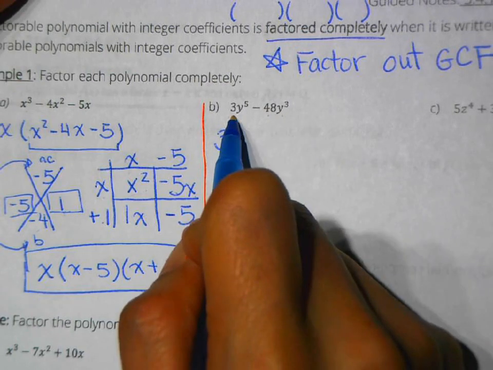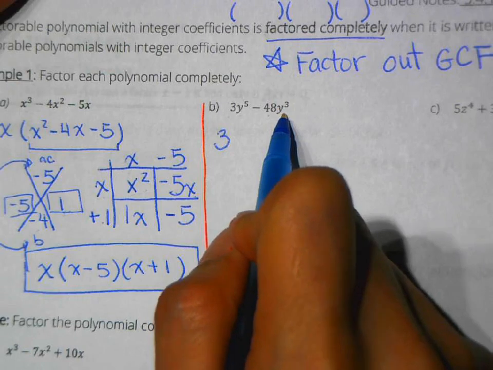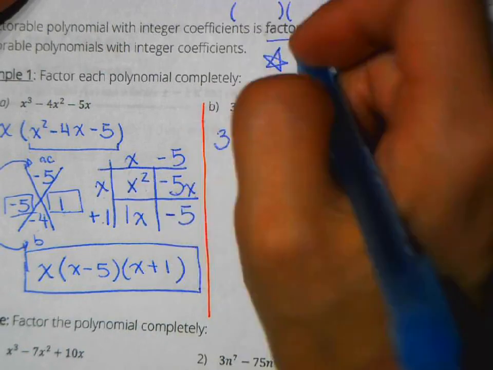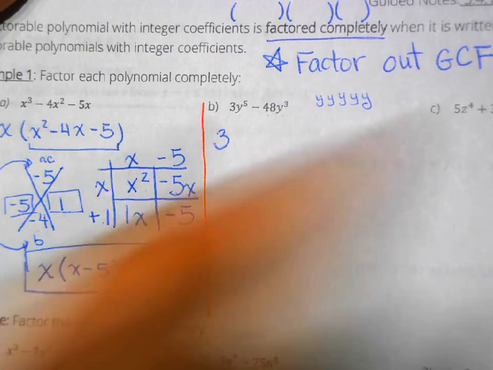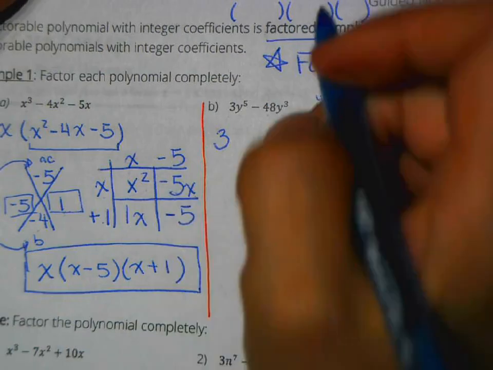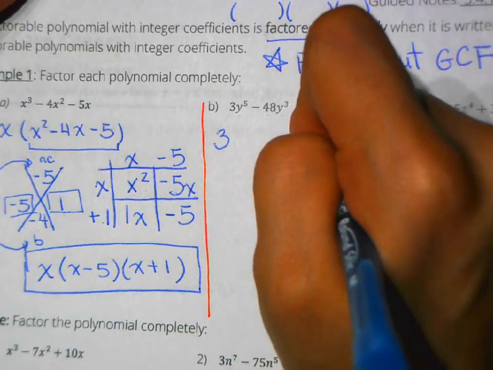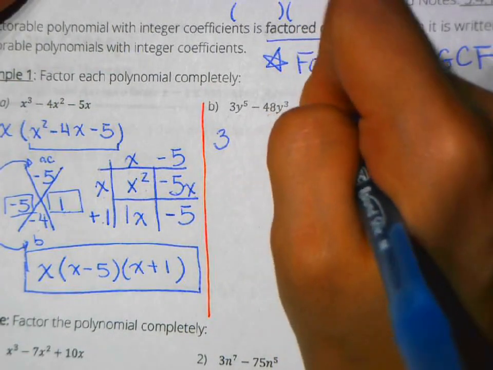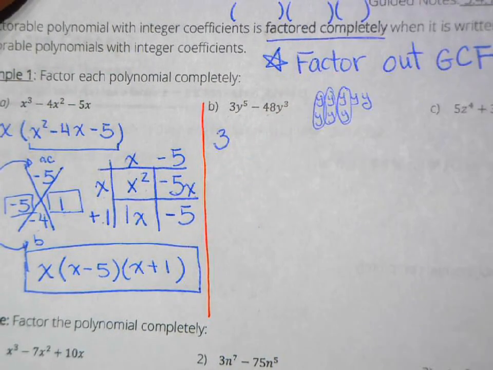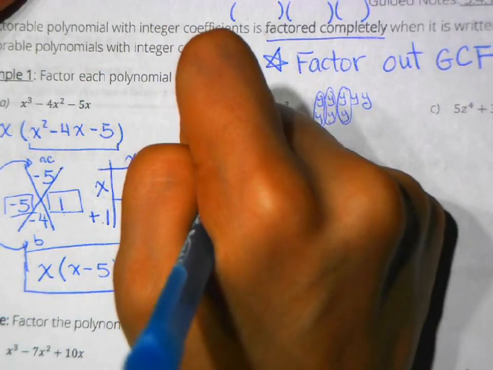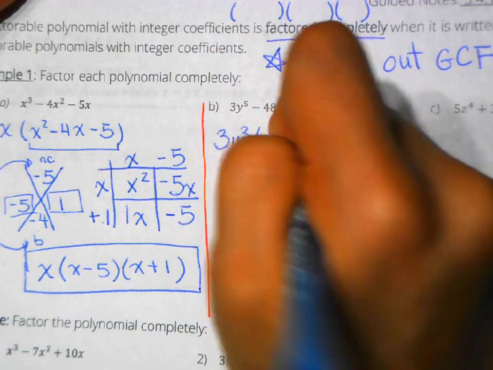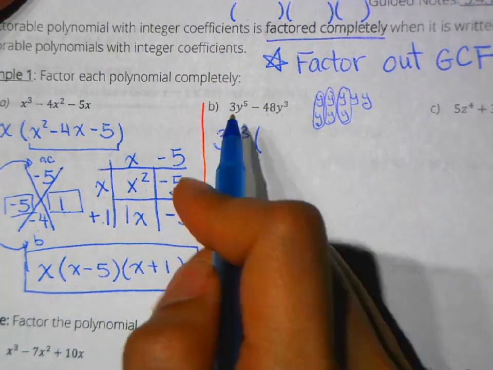There are 5 y's and 3 y's. There are 3 y's in common, because if you write it out, the first one has y times itself 5 times. The second term has 3 y's. There are 1, 2, 3 y's in common. So that's y to the third power. And that's my greatest common factor. And then let's divide that out.